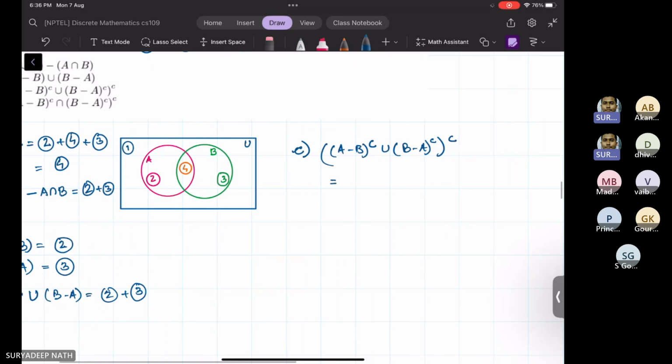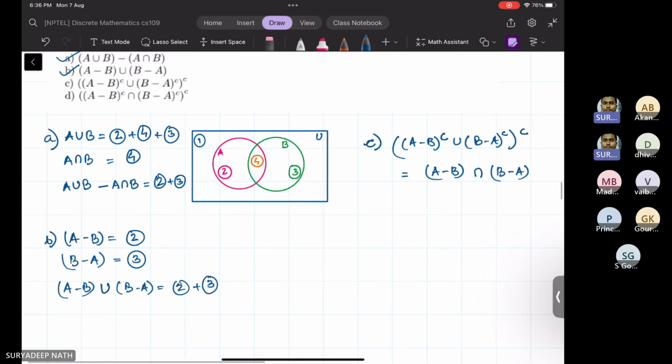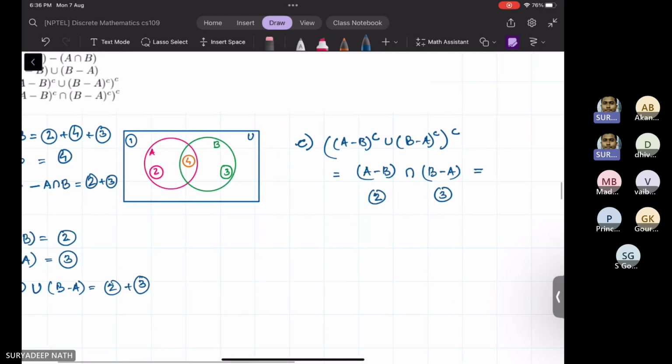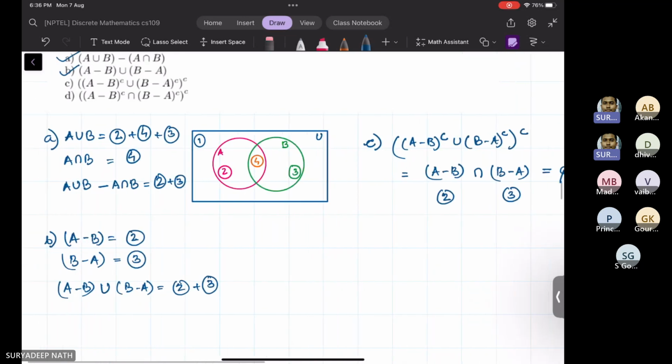So if we apply De Morgan's law, we'll get A minus B intersection B minus A. So A minus B is 2 and B minus A is 3. So there is no intersection. So it's a null set, empty. So option C is not correct.